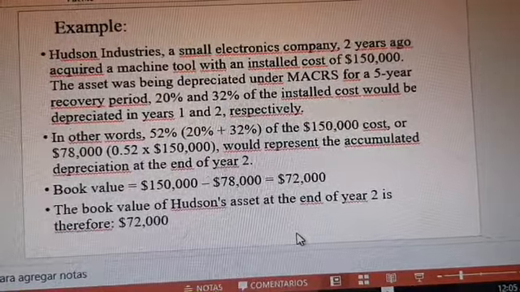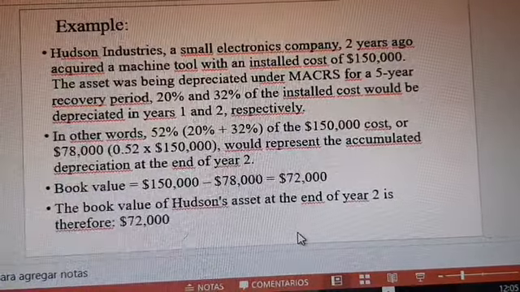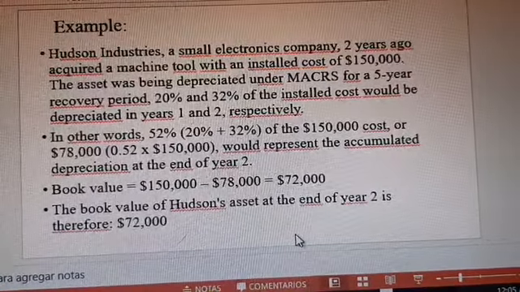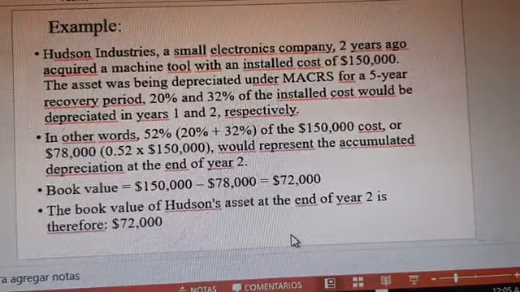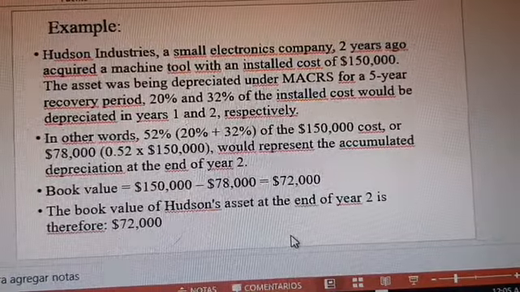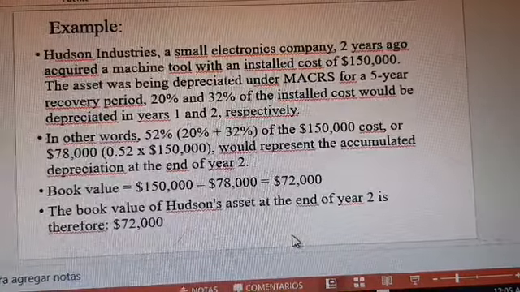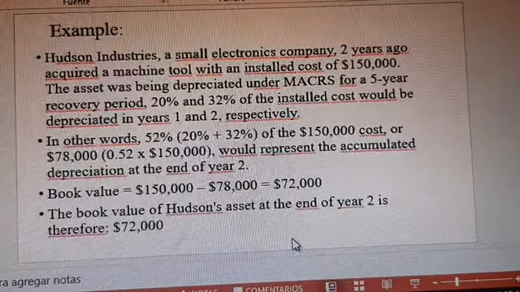So we can see how we get this 78,000, which represents the accumulated depreciation at the end of year 2. Book value equals 150,000 minus 78,000, which equals 72,000. The book value of Hudson's asset at the end of year 2 is therefore 72,000.